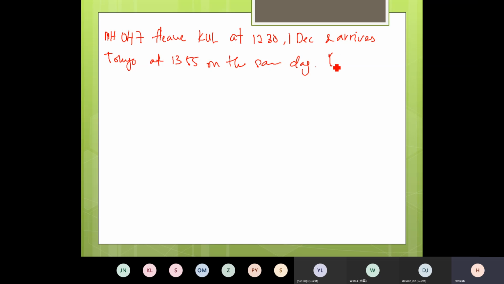So what is the transport time? How to calculate? First, you need to write the GMT. Kuala Lumpur GMT is what? Plus 8.